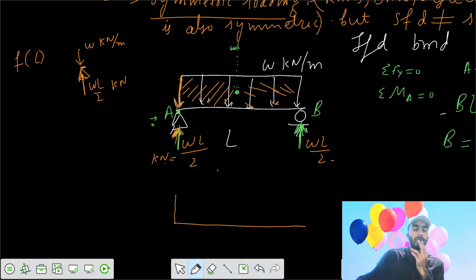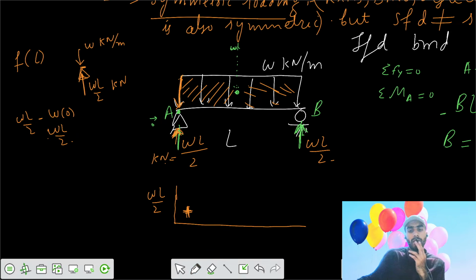The reaction upwards is WL by 2, and downwards it is W into 0. So the shear force becomes WL by 2. Then we have to plot the variation.